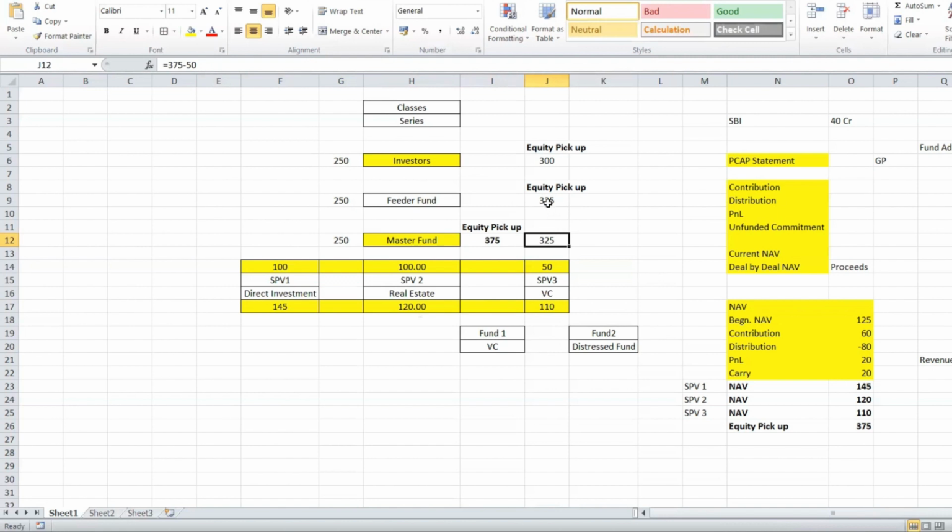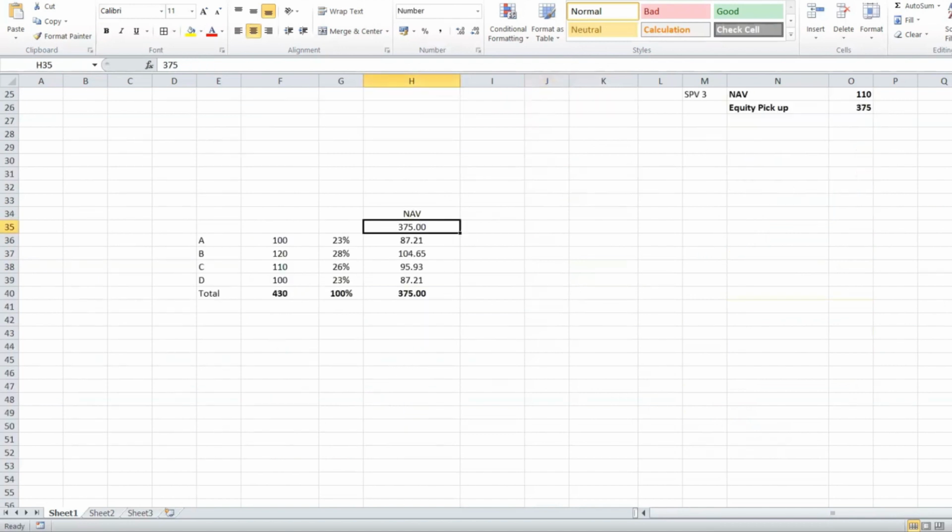It transfers 325 to the feeder fund. The feeder fund charges its fees of 25 and passes on this 300 NAV to the investors.